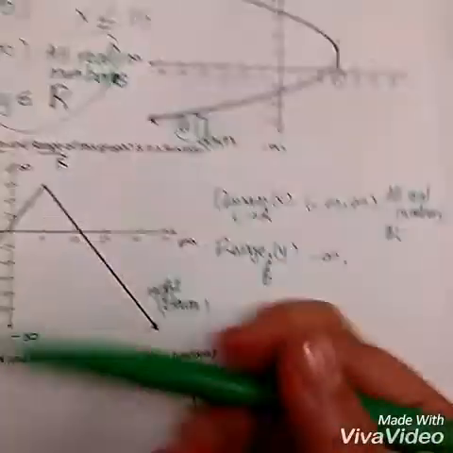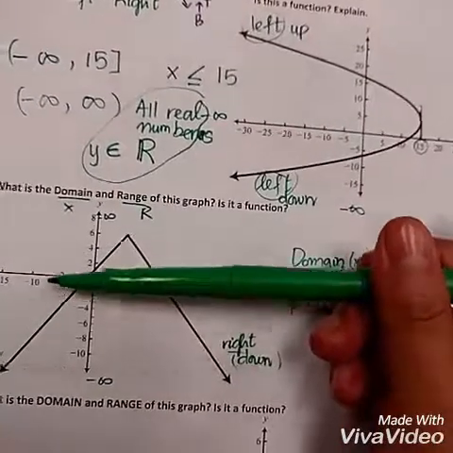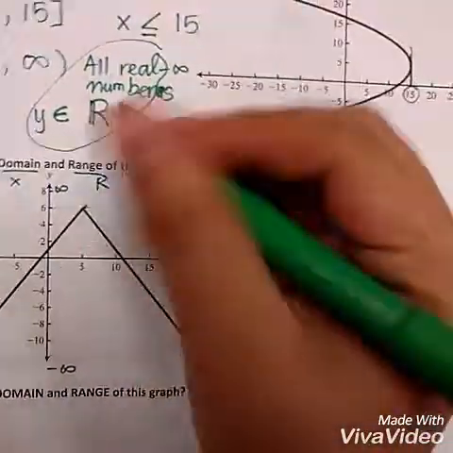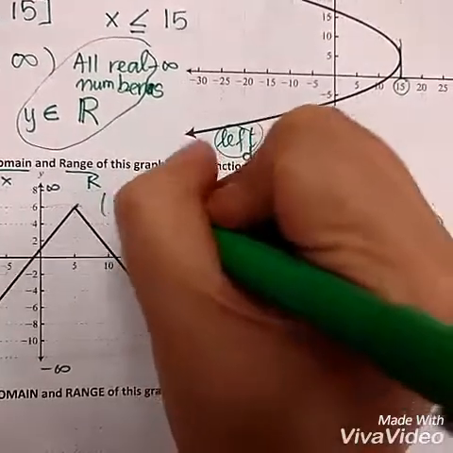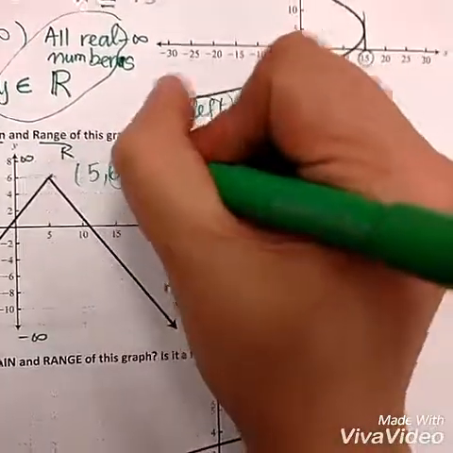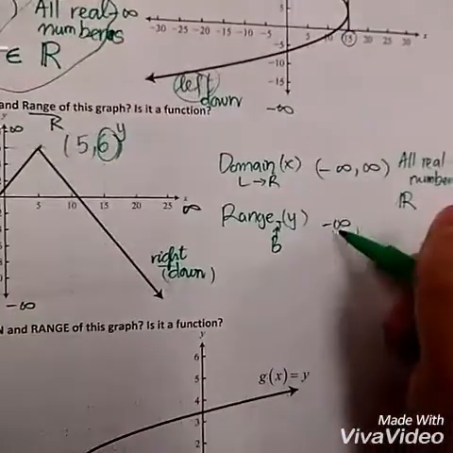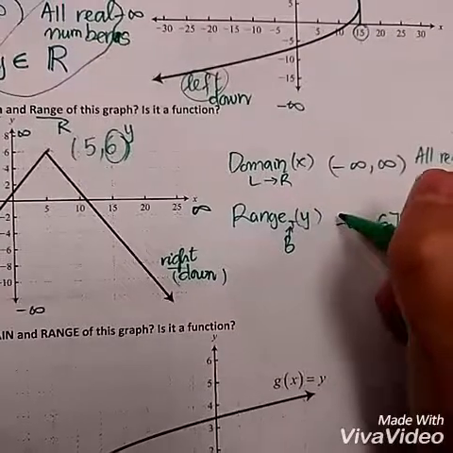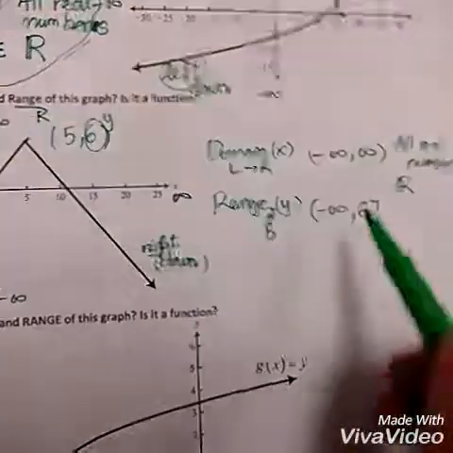And then as you keep going up, the highest it can touch is right here, right? So that point is (5, 6). Since we're talking about range and that's our y value, it's going to be from negative infinity until 6. And that's a shaded-in graph, so I'm going to use a bracket.